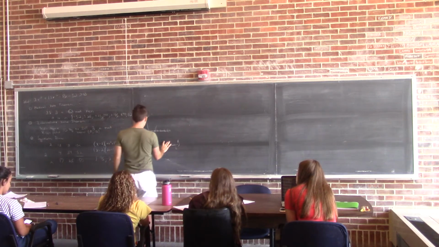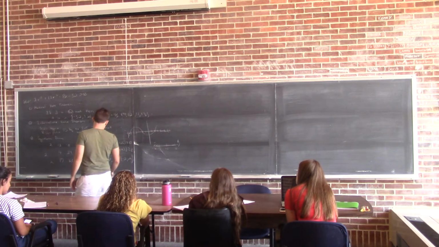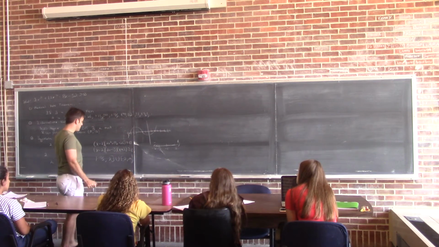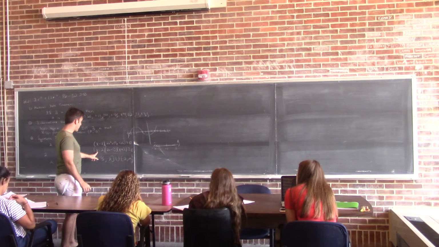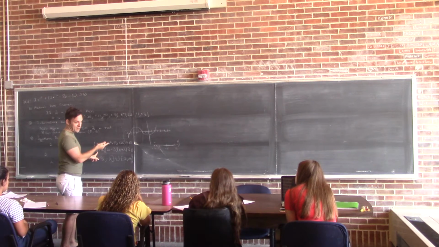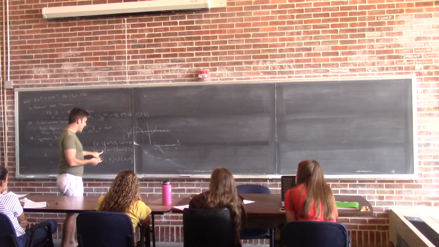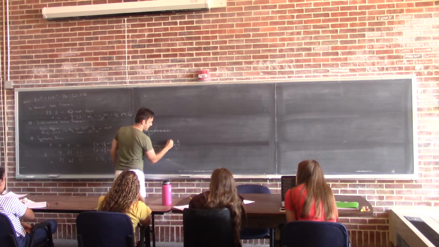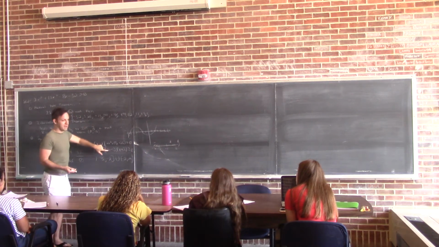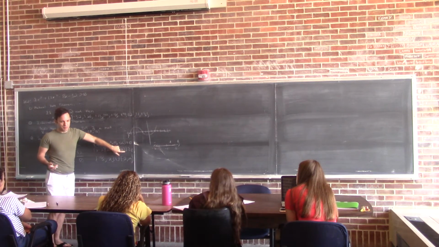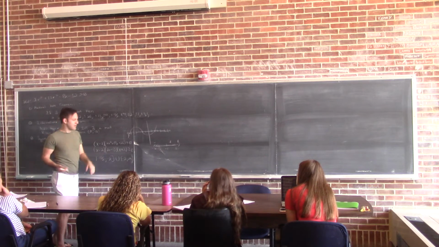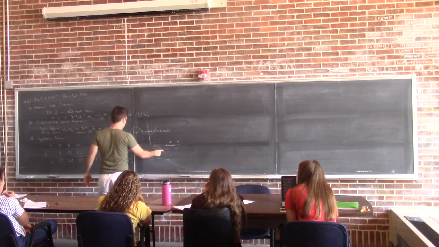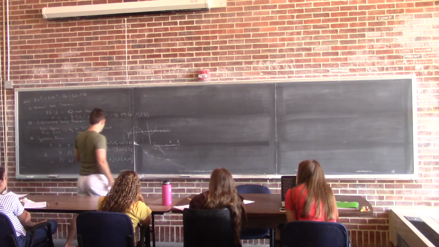Now here, I need to be a little cagier. If you want to pick numbers that don't work out super bad, like 3 is a good one. That's to the right of -2. That would be 1, this would be positive, this would be positive. So it's positive. I didn't even bother evaluating. I just know that positive plus positive is positive. And then to the left of this, how about -3?